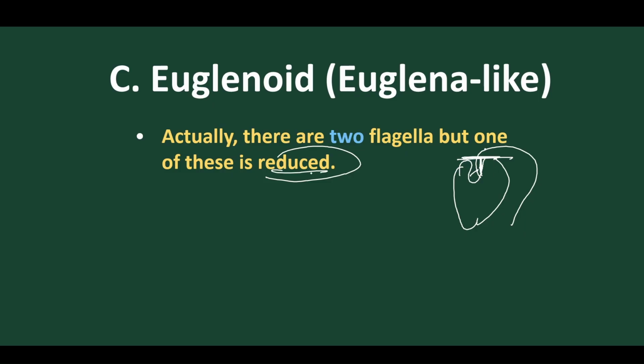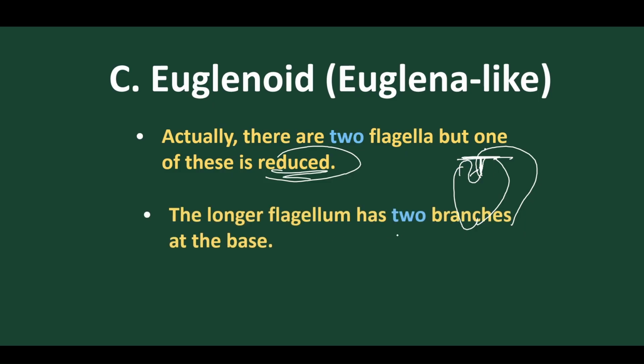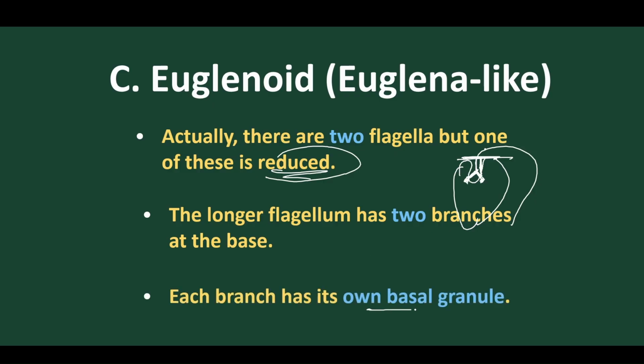The longer flagellum has two branches, each with its own basal body, or basal granules, the blepharoplast. As the flagellum bifurcates, each branch contains its own basal granule.